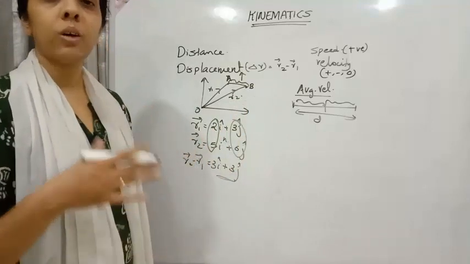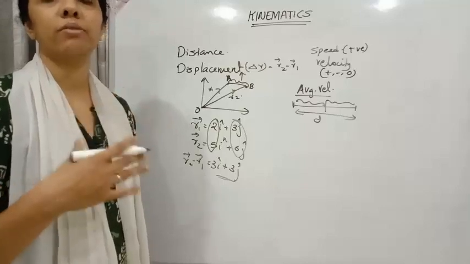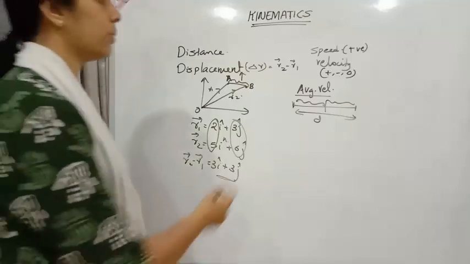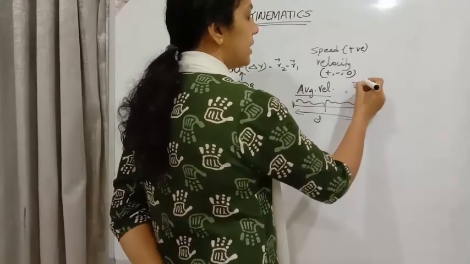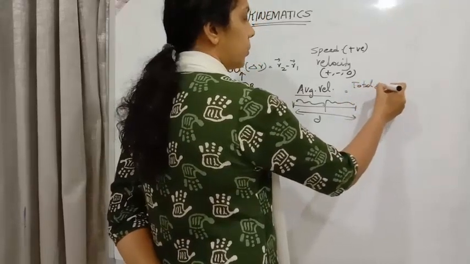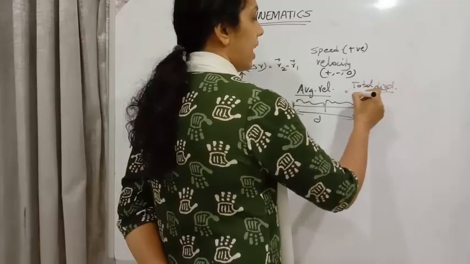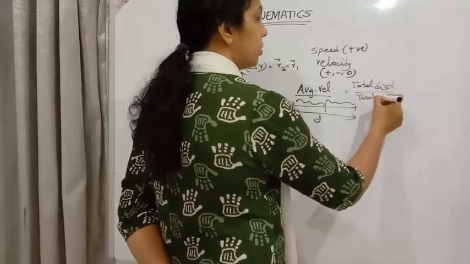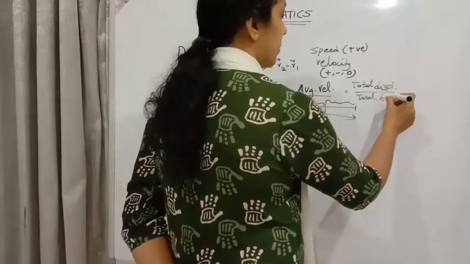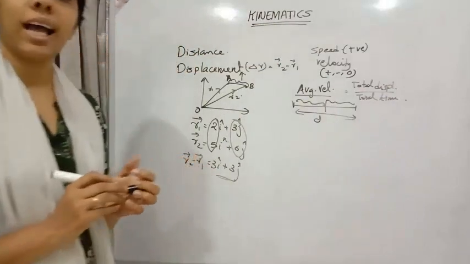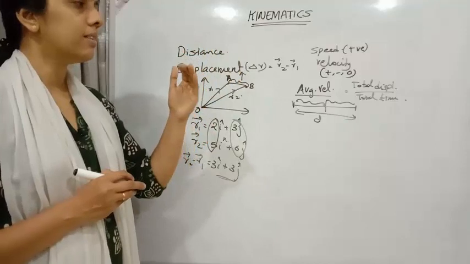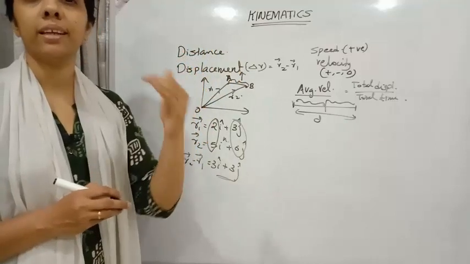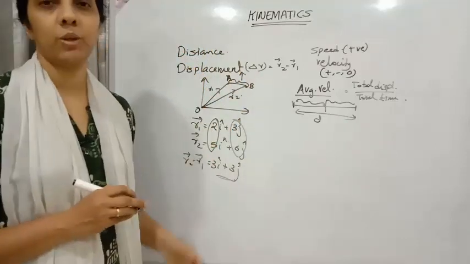Average velocity will be equal to total displacement divided by total time. We need to consider many things while finding the average velocity.